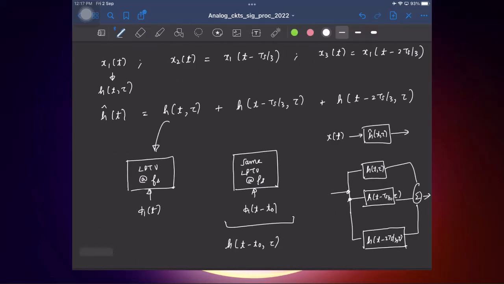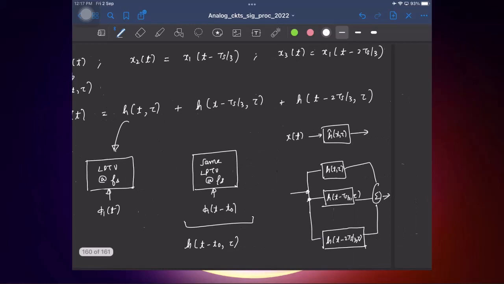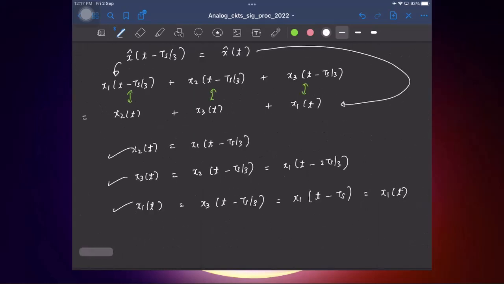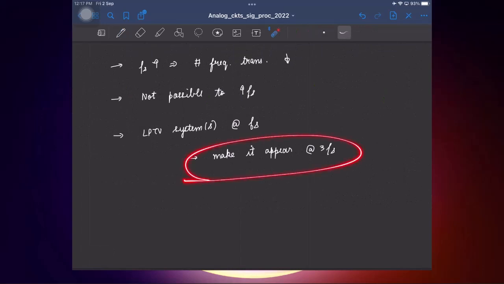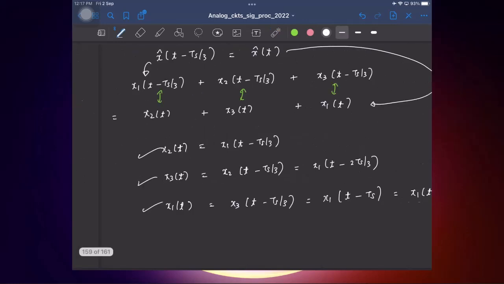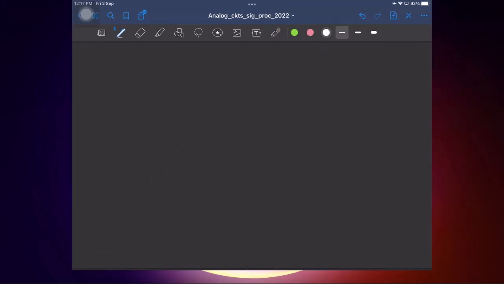Okay, so let's build our system so that it appears like an overall system, periodic at 3fs. So what I'll do, I'll take x of t. I will have the base system operating at fs, and let's say the control to the clock is phi 1 of t.